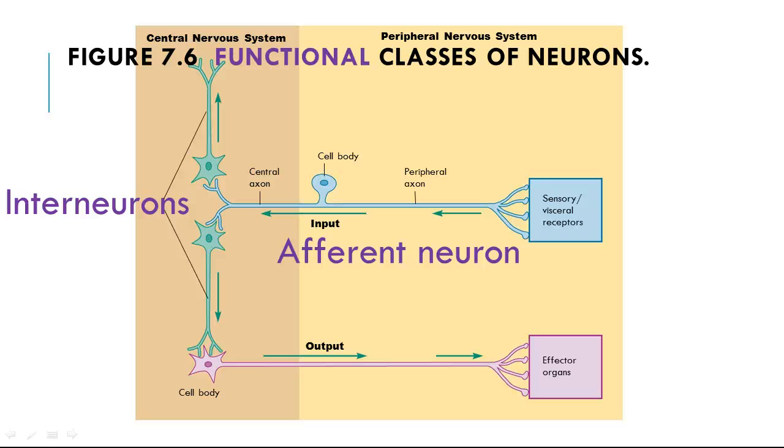If you go up the prefix, inter means between. These are the cells between our afferent and our efferent. The afferent nerves convey sensory information. The interneurons act as our what? Control center. They're going to establish a set point for whatever they're there to process and take information in from the afferent nerves, and they may call to action various responses.